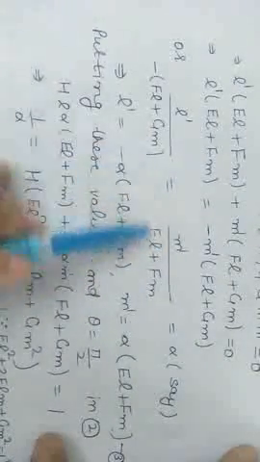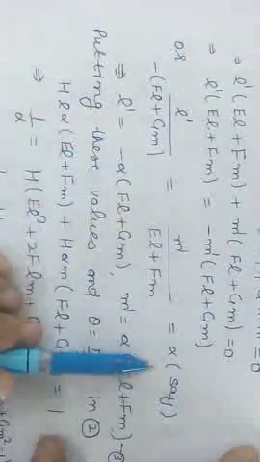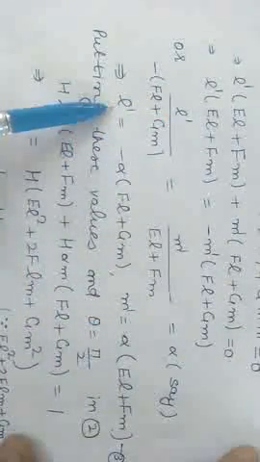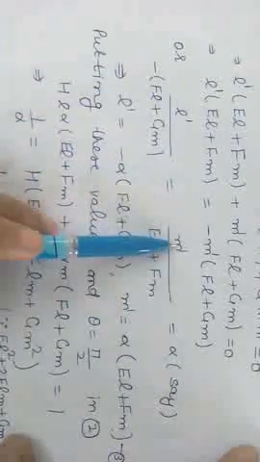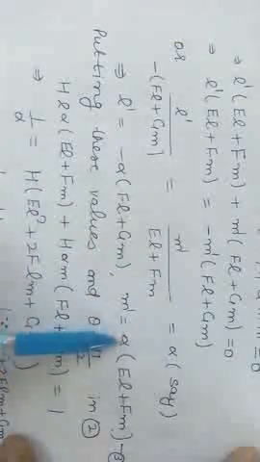Because these two expressions are the same, let us take their common value as alpha. Now equating the first and last terms, we get l' equal to alpha into minus (F l plus G m), and m' equal to alpha into (E l plus F m).